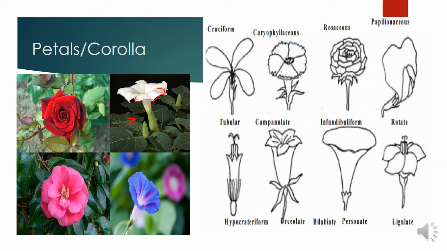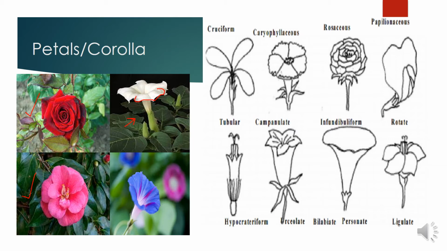We see this in trumpet flowers, the datura, which are gamopetalous. Some petals can be free, for example the rose's petals. Here also we see the petals are free. This type of free petal is called polypetalous or choripetalous, where the petals are free.